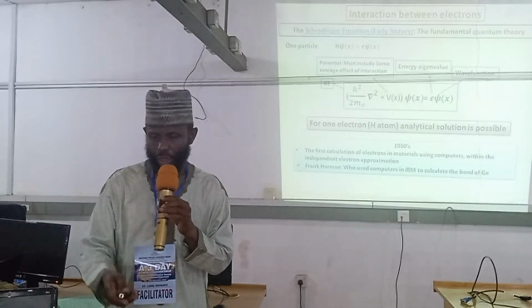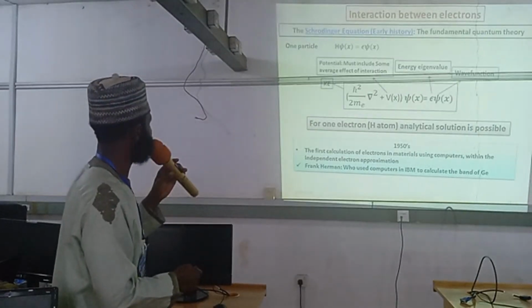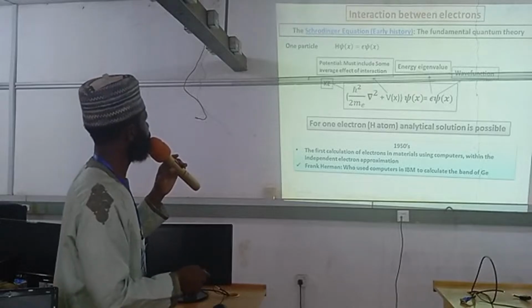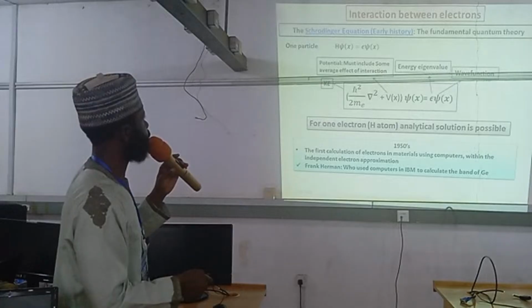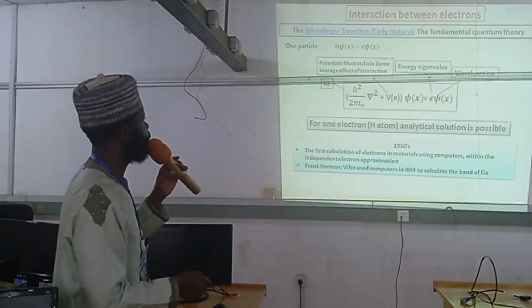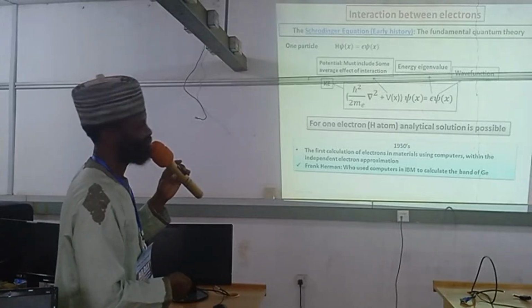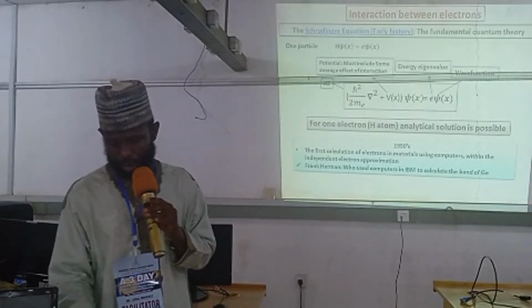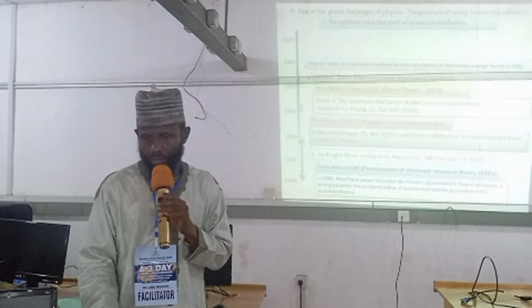I already explained this. We have the equation. We have the kinetic energy of the electron. We have the potential, which includes some average interaction. Then we have the energy eigenvalues. Then we have the wave function.